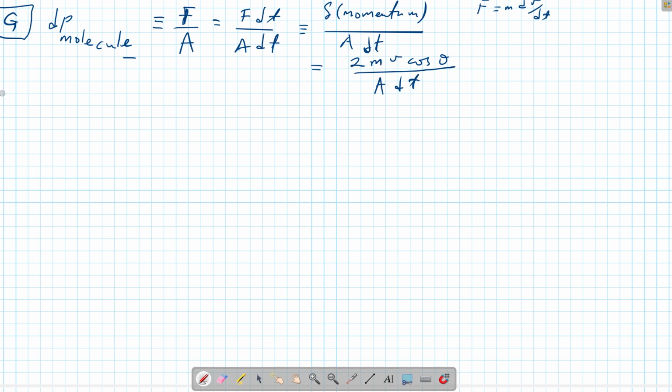From this we can compute the elemental pressure due to a number of molecules. This time we're not talking about one molecule, we're talking about a number of molecules, right?